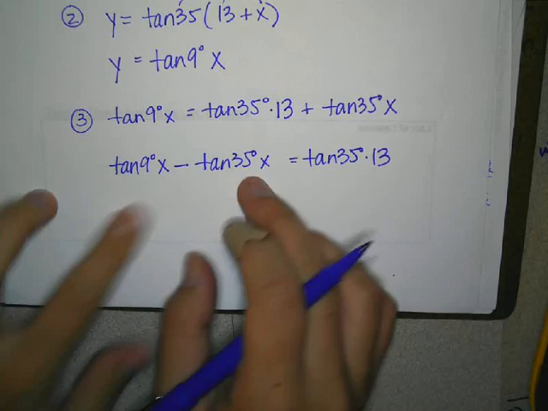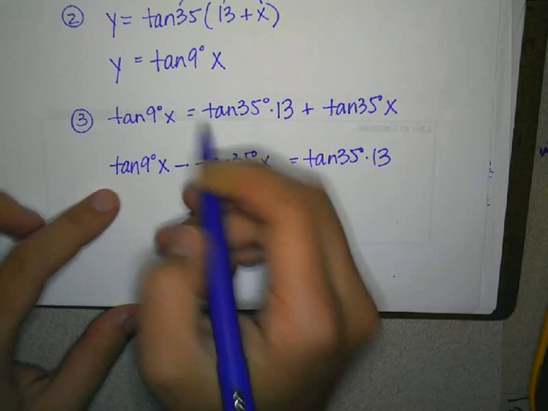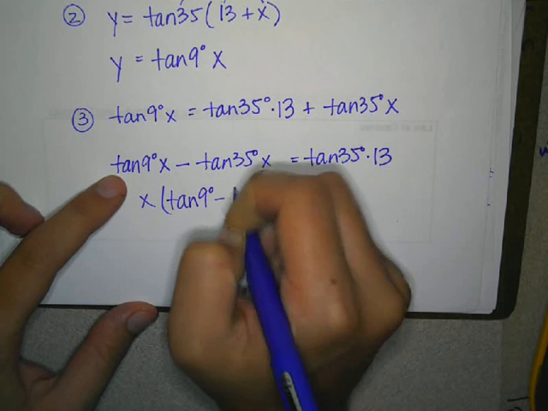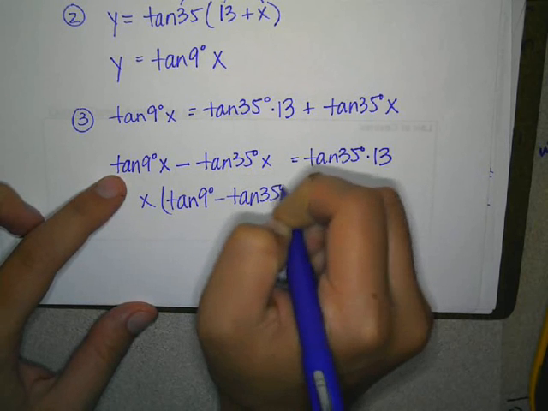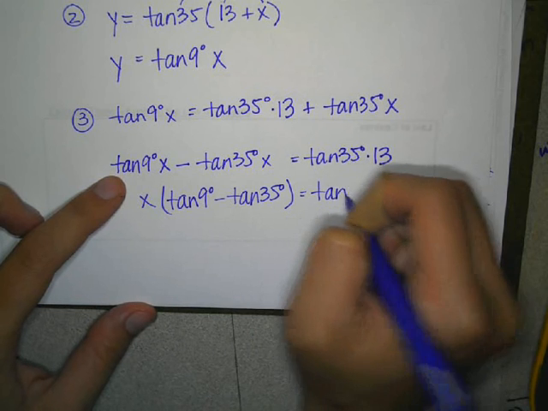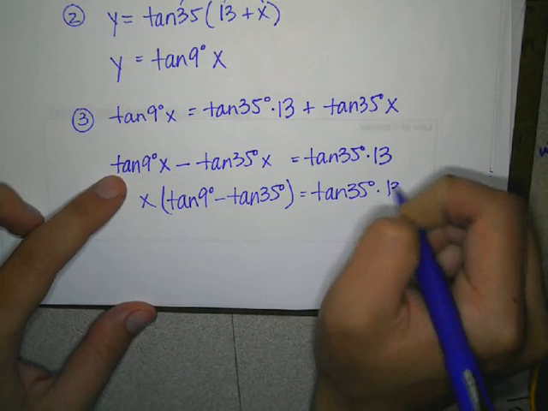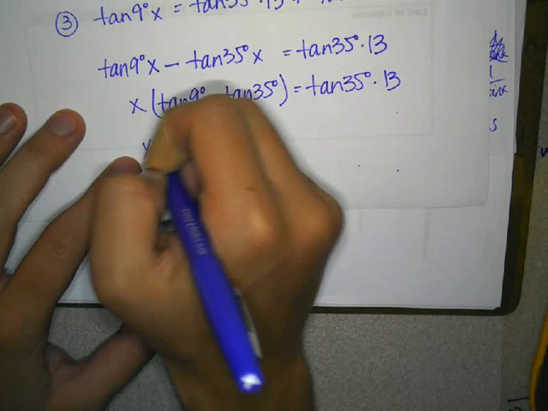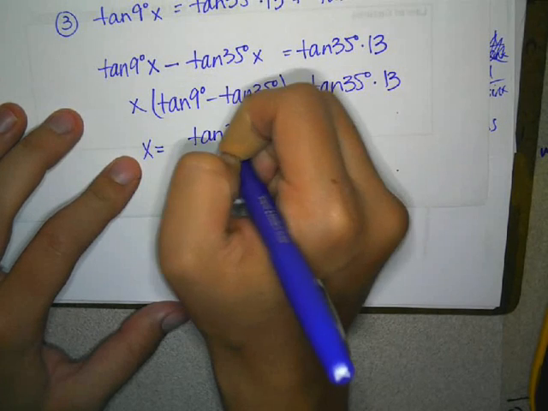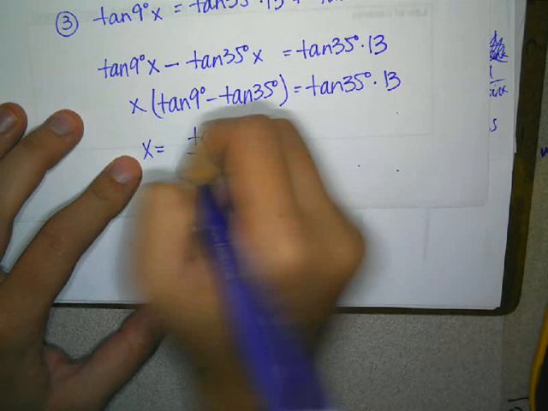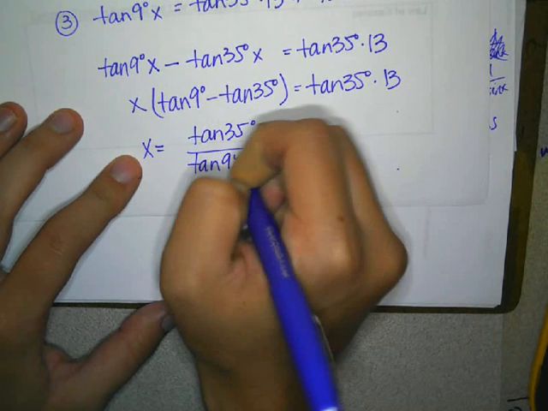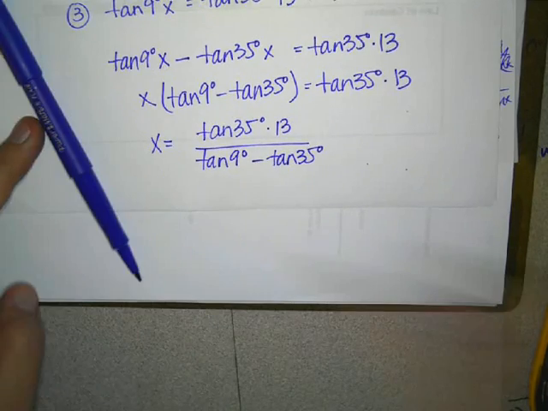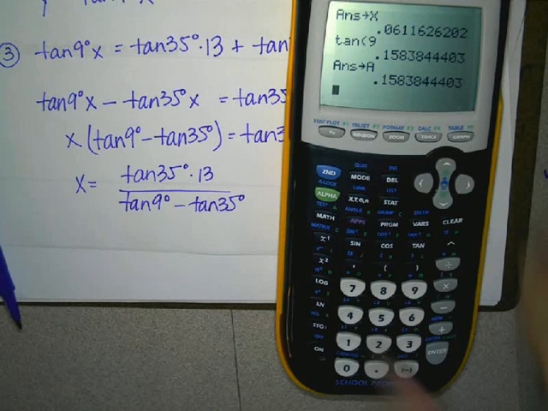Now I'm going to factor out an x. Now you could punch this out, but I'm going to factor out an x. We're almost done. Then I'm going to divide both sides by this expression to get x by itself. And then what that does is it gives me this messy looking fraction, but it's a messy looking fraction I can put into my calculator.